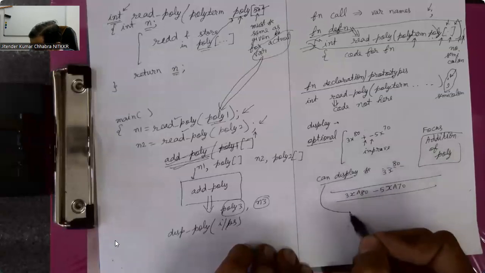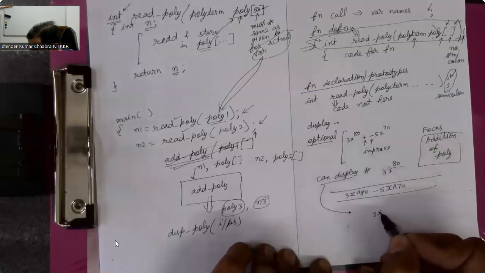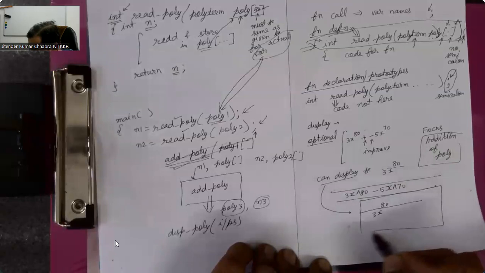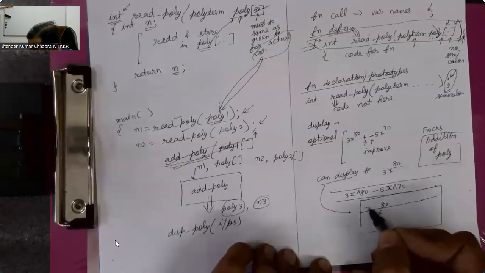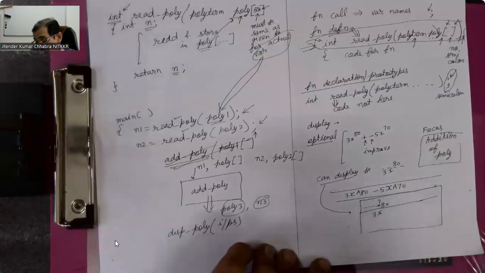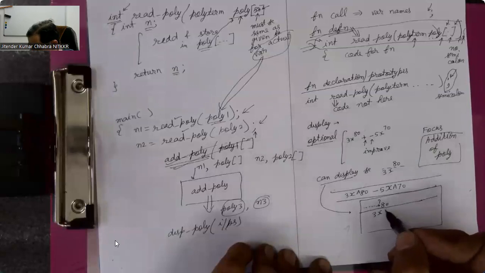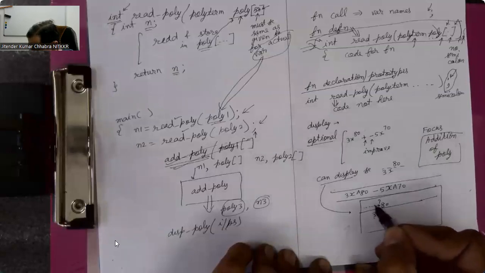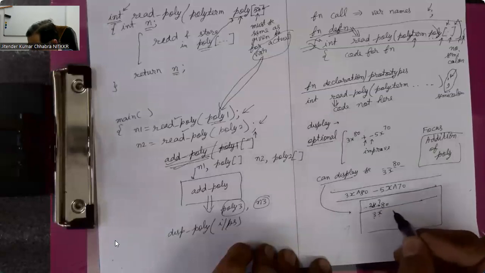Can you think of displaying it so that 3x 80 comes above? On your screen, you manage it in a way that you calculate where 80 should be displayed, because this line will be printed first. So you have done some mathematical calculations, printed 80, let's say if this is 1, 2, you have left 2 blank spaces and then printed 80.